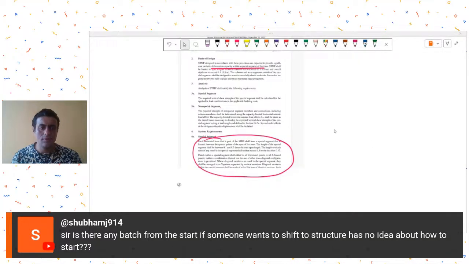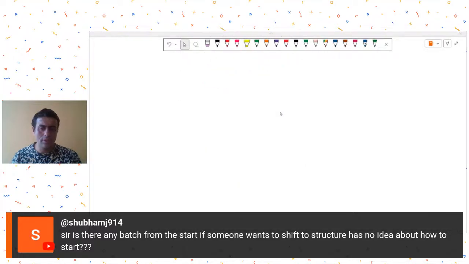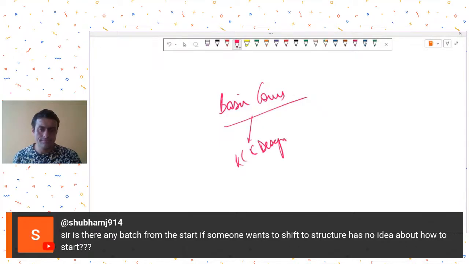Mr. Shubham J914 is asking, is there any batch from the start if someone wants to shift to structures and has no idea about how to start? So you may have a look at our basic courses on our website. I think they are a great place to start. For RCC design, we have a separate course, and for steel design, we have a separate basic course.